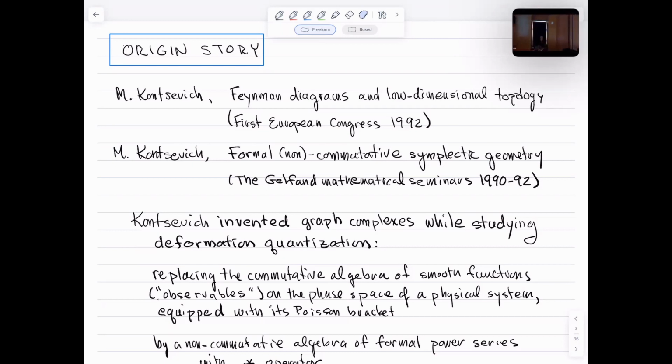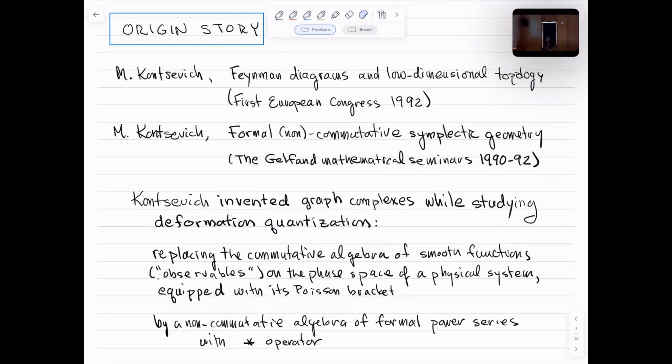I don't pretend to understand any of the physics behind deformation quantization. What I do understand is the idea: you've got some physical system with phase space, which is a symplectic manifold, and there's a Poisson bracket on the commutative algebra of functions on this manifold. That's what you'd like to study, but it's hard.